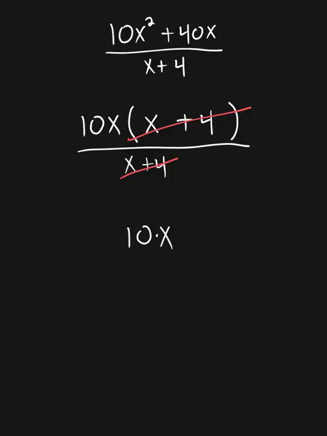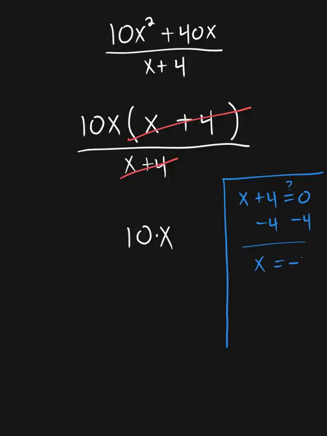Well, I'm going to do kind of an aside problem off to the side here and say, when is x plus 4 equal to 0? And say, well, we know we can't have that. So this is just an algebra 1 problem. I'm going to subtract 4 from both sides, and I'm left with x equals negative 4. So in our main problem, I'm going to come back.